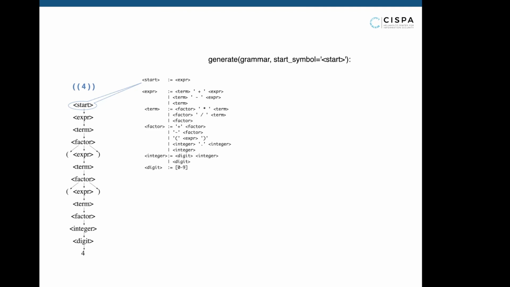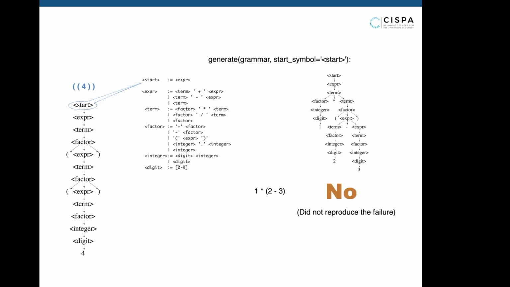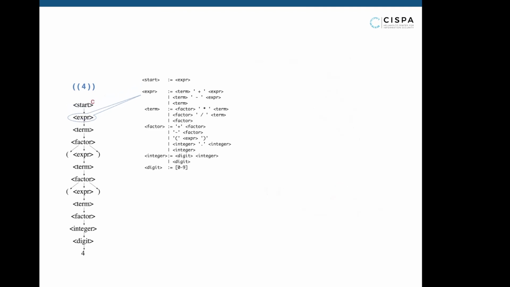So if any such semantically valid nodes are unable to reproduce the failure, then we mark the node as concrete and then continue. In this case, we generate a tree 1 times 2 minus 3. And that does not actually reproduce the failure. So we mark the start node as concrete and we continue.